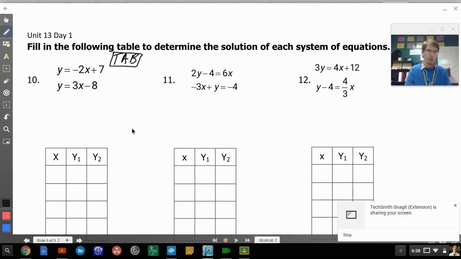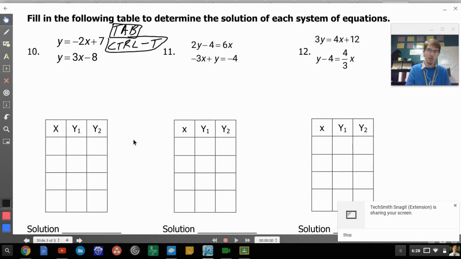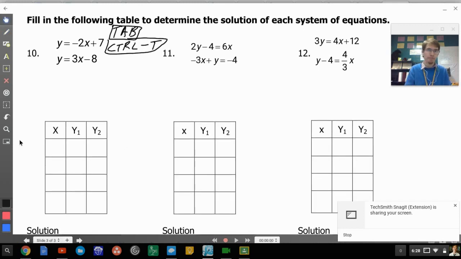And then I want to do Control T for my table. Now, if I pull that up, I want to make sure I can see both of those in the same grid. I'm just going to go ahead and write down what I see because our answer is actually displayed for you right there.